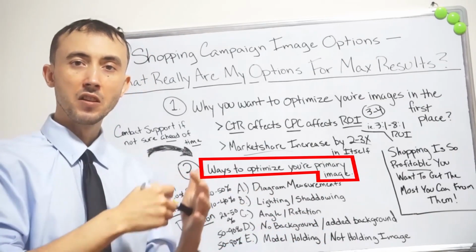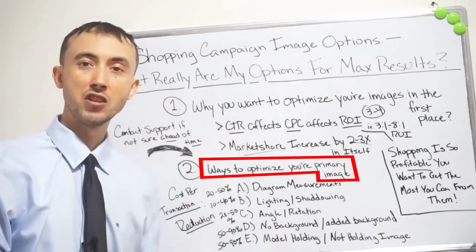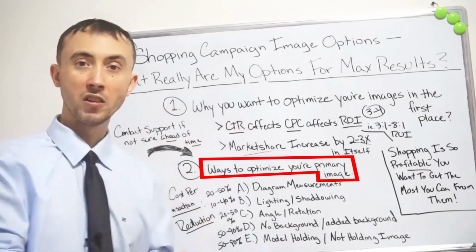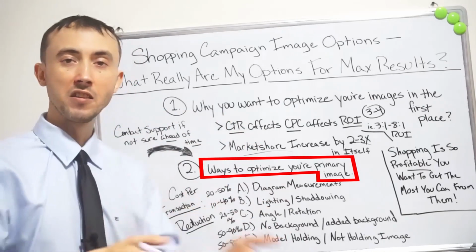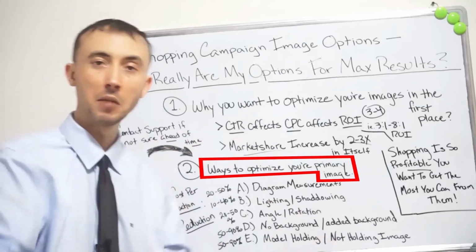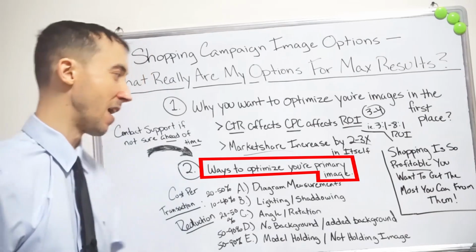And that can be seen through the different settings inside your shopping campaign, if that product got more clicks than it did before, and then you'll know at that point in time to do it for everything. So you don't have to put that much work in initially just to see if this is going to be worth your time or not.